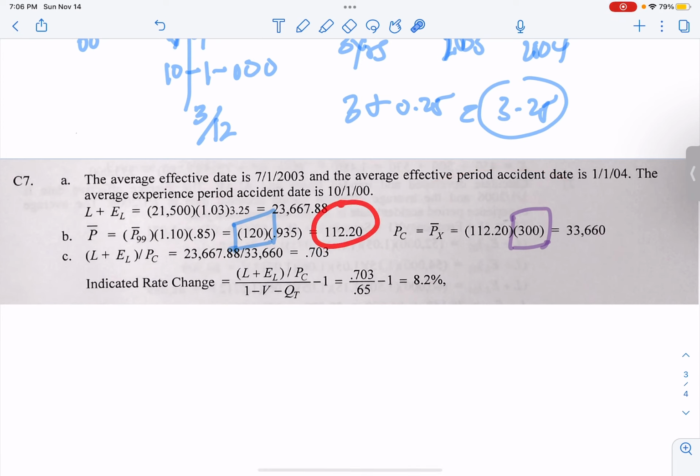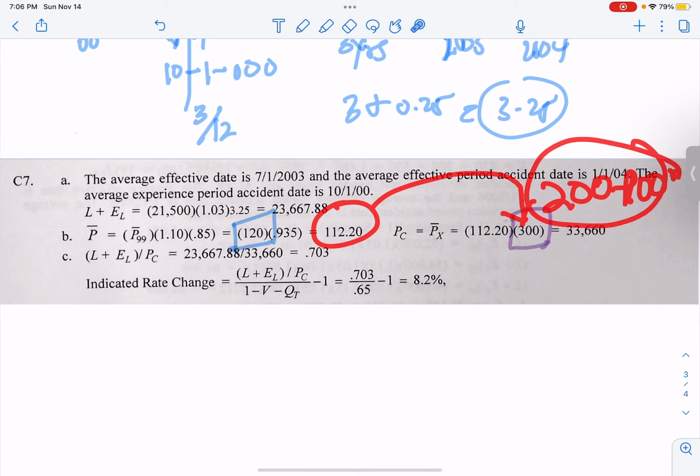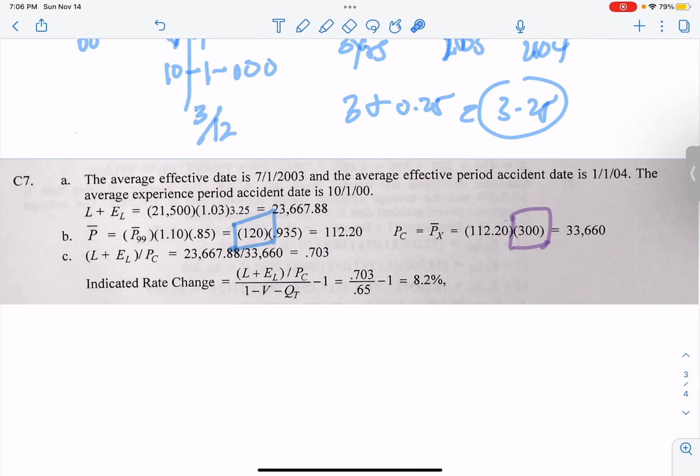We multiply these by the exposure, which is 200 in 2000 plus 100 in 2001 to get the current premium.